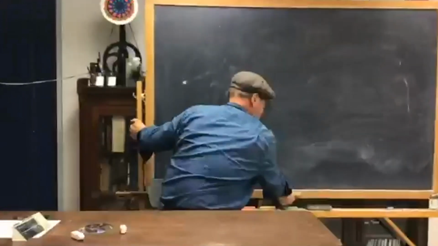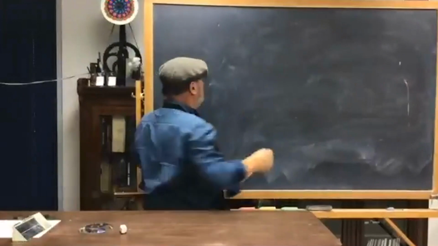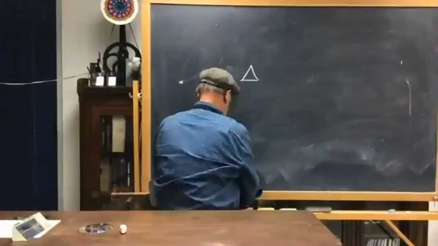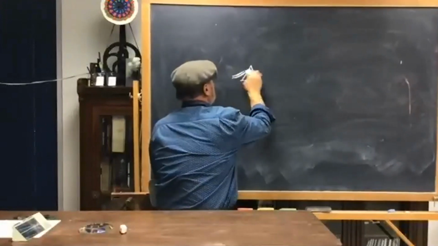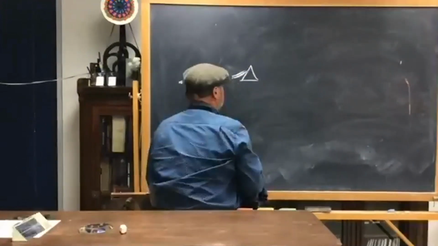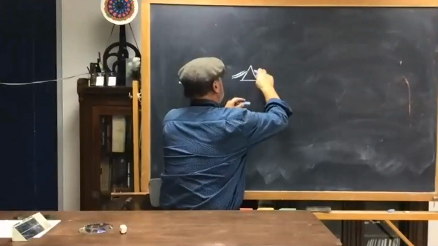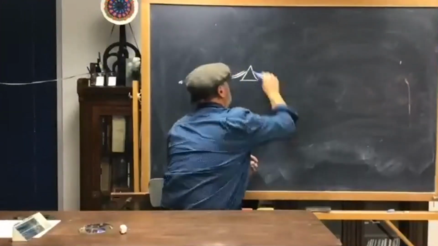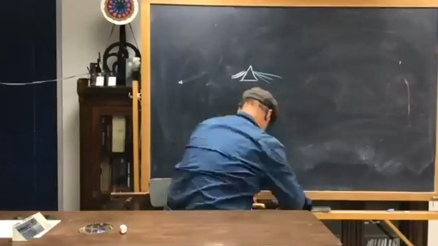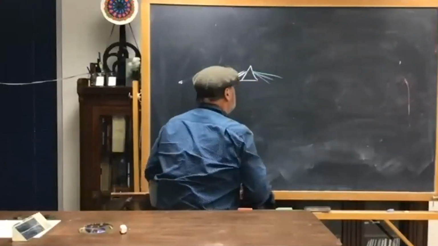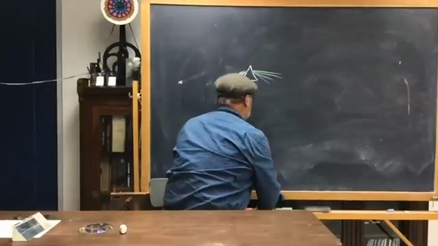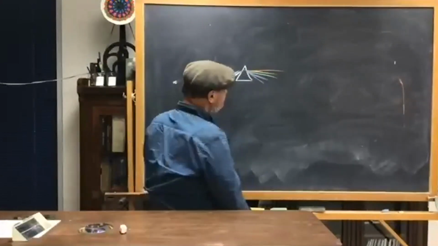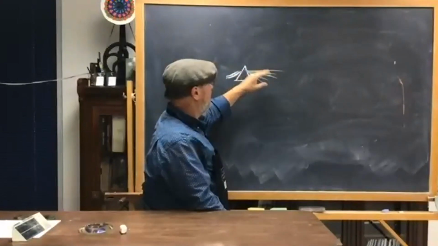Okay, here is the prism. And again, we have white light going through it. So we have light going through and breaking up into colors.